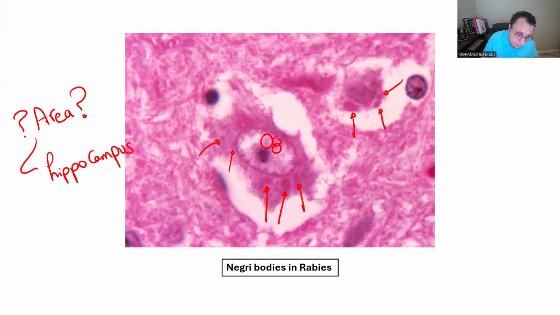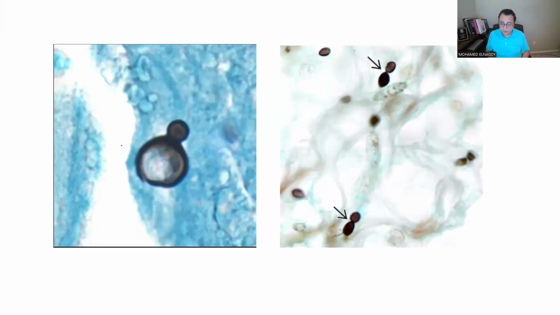The hippocampus is the most common and earliest site of degeneration, in which these Negri bodies start to appear inside the neurons, and this leads to neurodegeneration, and this is what leads to the rabies manifestations, like the hydrophobia and these kinds of things. Okay, so Negri bodies, very important. You need to identify them: intraneuronal red bodies in the cytoplasm and in the nucleus of the neurons.